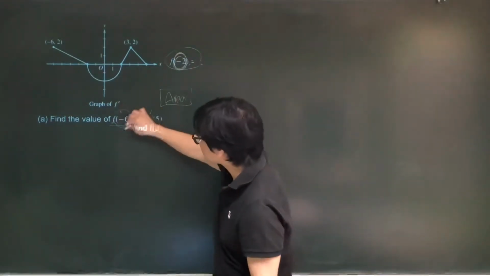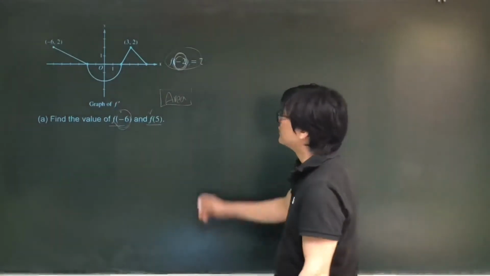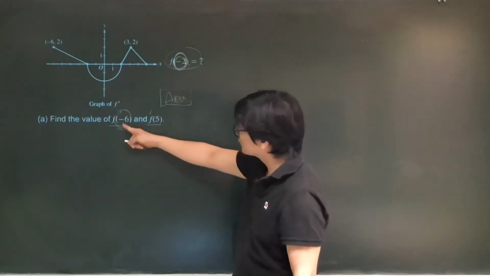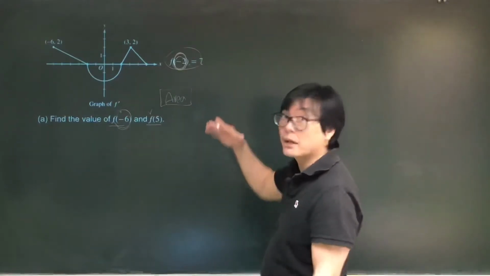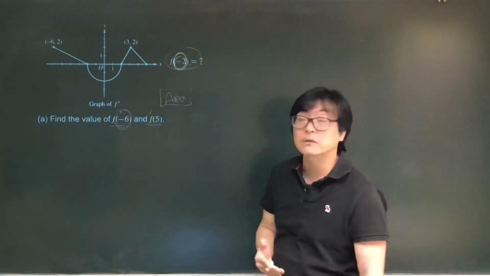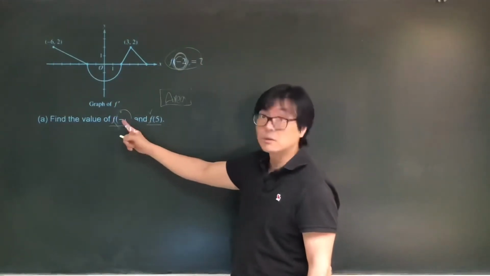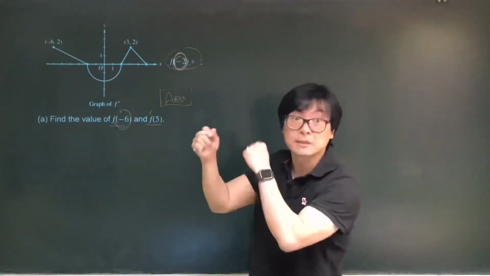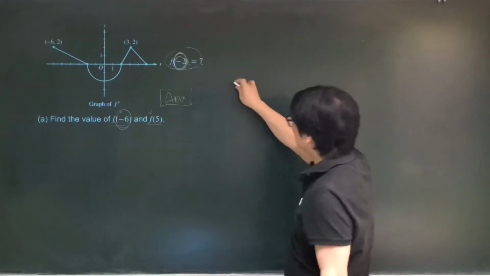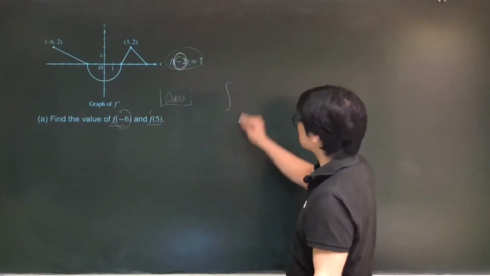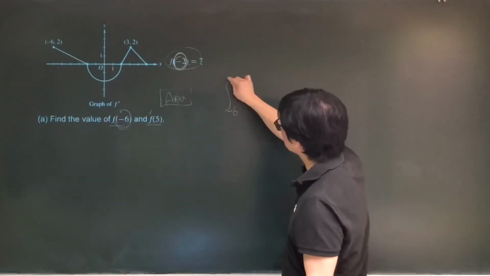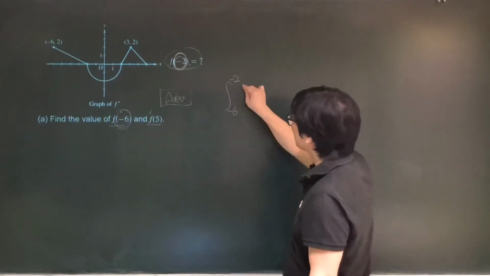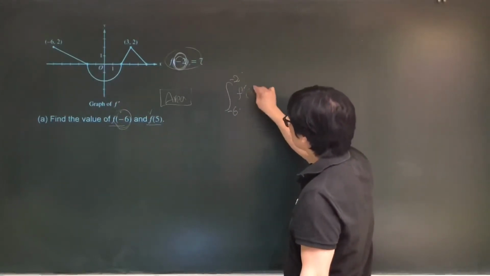And let's find f of -6 first. So from -2 to -6, but when you make an interval for the integration, you should put the smaller number first, going from smaller to larger. That's easier. You can flip it, so it doesn't matter. But to make things easier, I will put -6 on the bottom and -2 on top, integral of f prime x dx.